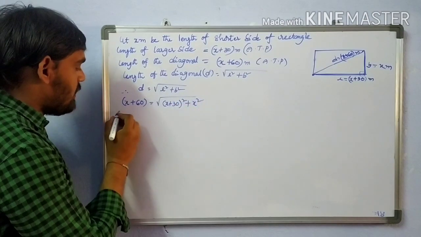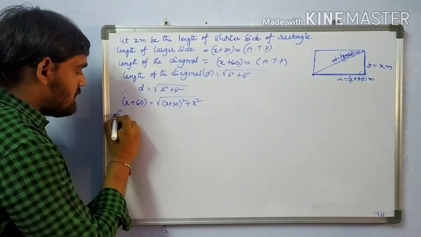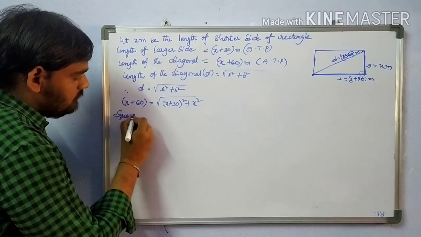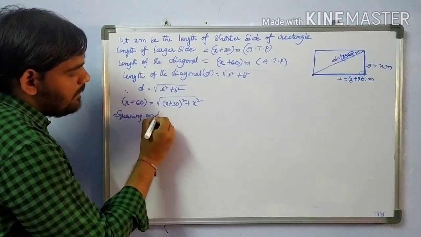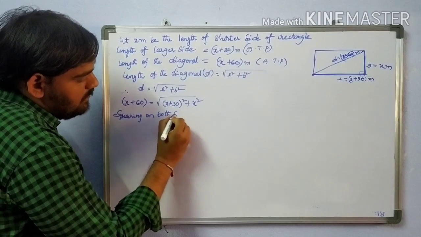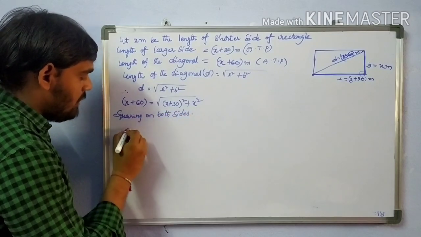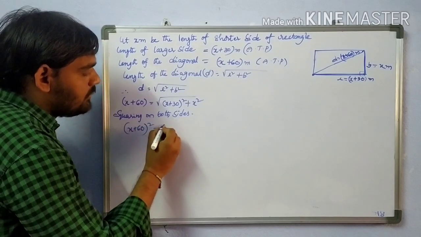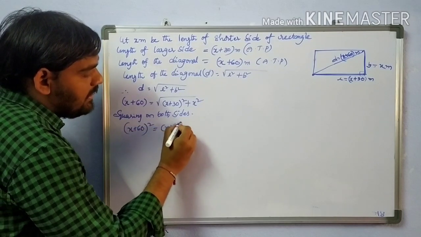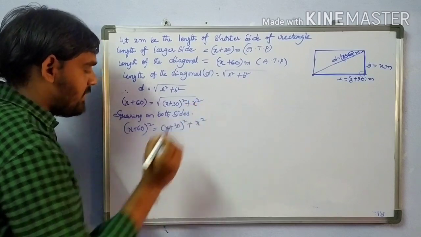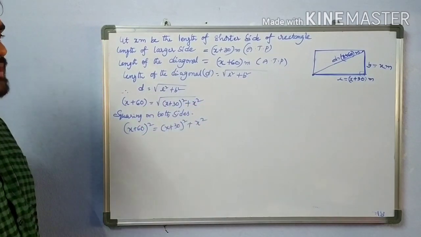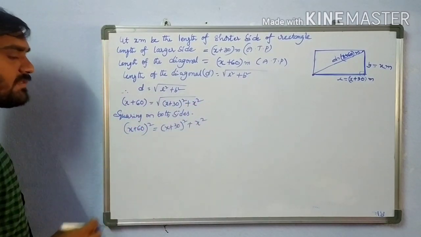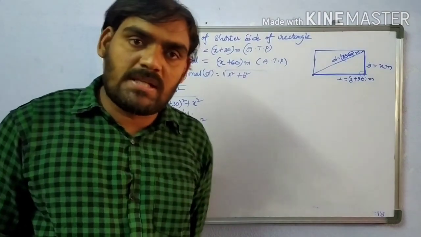Now squaring on both sides, we will get x plus 60 whole square is equal to x plus 30 whole square plus x square. It is in the form of a plus b whole square. A plus b whole square is nothing but a square plus b square plus 2ab.